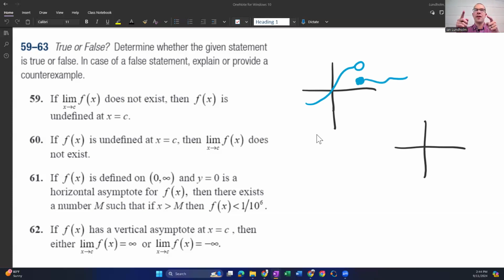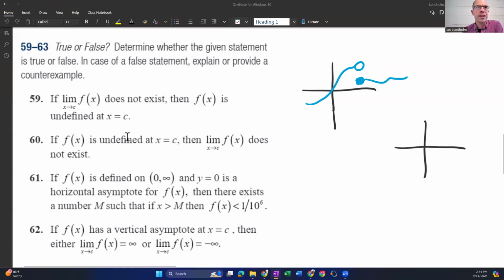That would be a scenario where the limit doesn't exist because the left-hand limit would not equal the right-hand limit, but f of x would be defined at x equals c. So that one's false. It is possible.